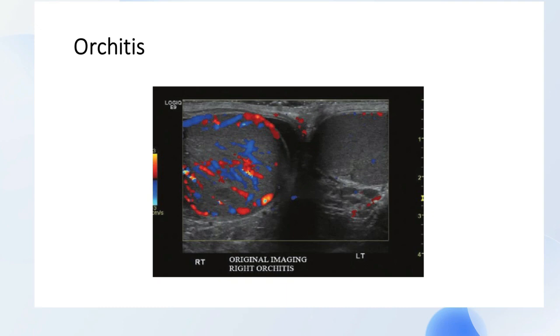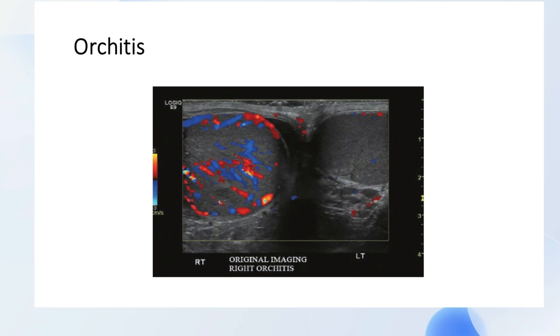As I said already, orchitis is simply an inflammation of the testicles. If the testicles are inflamed, you call that orchitis. It can also exist in isolation, when all other organs are looking intact. Then you can see hyperperfusion of the testicle. It becomes edematous. It can become hypoechoic in early stages because of the exudate. Then you can also see a reactive hydrocele.